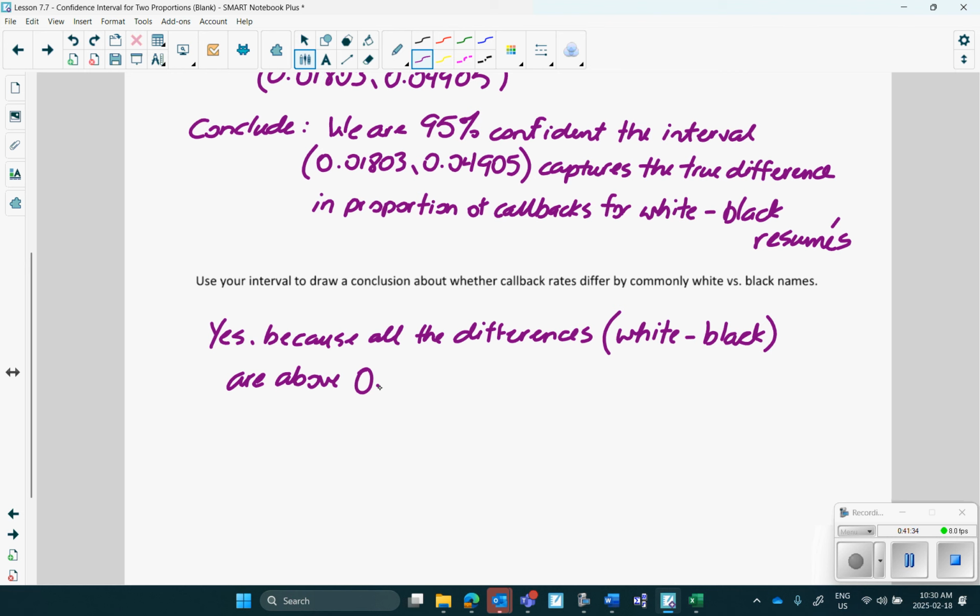Okay, so you can see very close to what we did for confidence interval for one proportion.